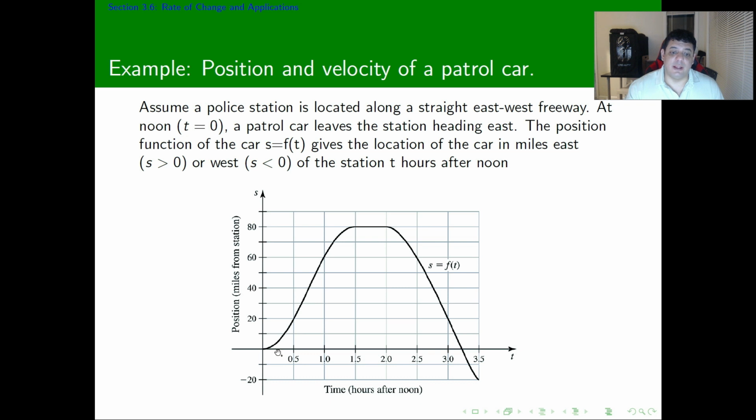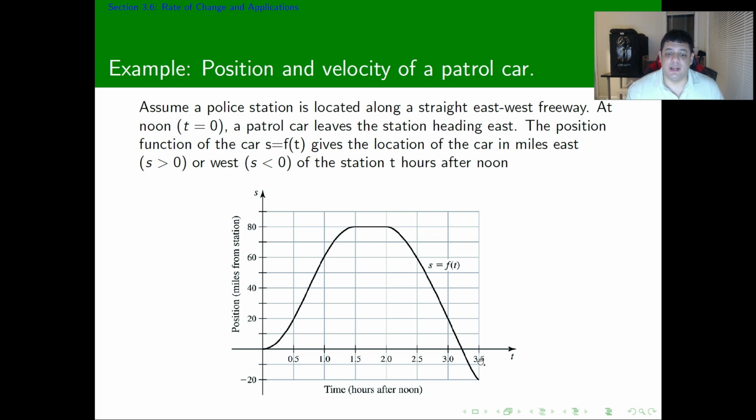Now you can see the graph here of the function f of t. So we have the variable s, which is the position, and this is the time, in hours after noon. As you can see, for the most part, from the interval of time from 0 to almost 3:15, the function overall is positive and the car is moving east.